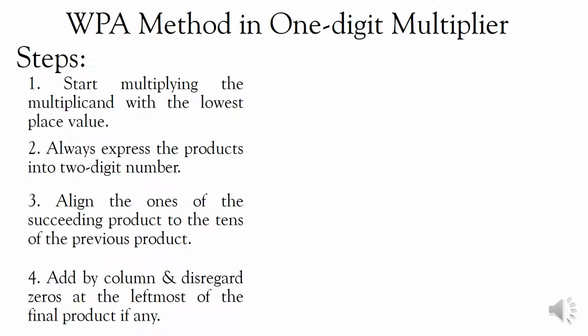Let's try another example. If we have 148 multiplied by 6, again, we will follow the steps. With regards to step 1 and step 2, we will start multiplying 6 by 8. Then we write 48.